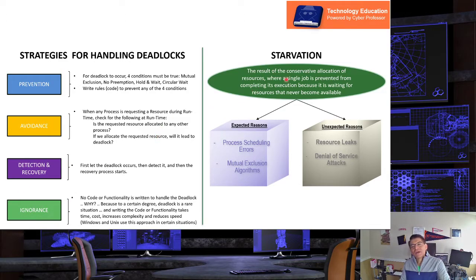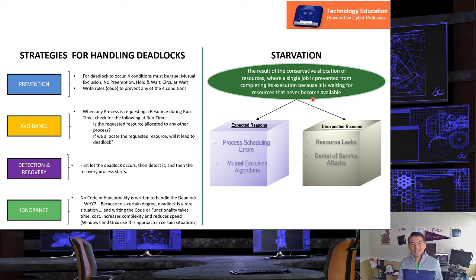Now we move to the concept of starvation. And that is the result of the conservative allocation of resources, where a single job is prevented from completing its execution because it is waiting for resources that never become available. So that is a complementing concept that I want to put on the table for you, starvation.